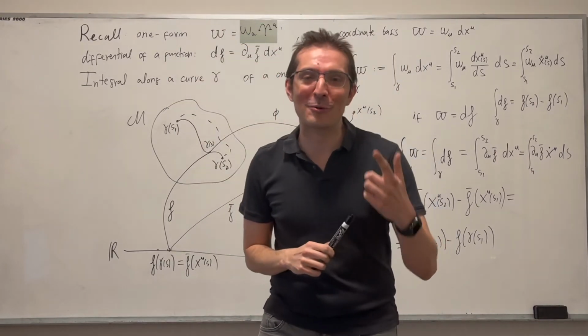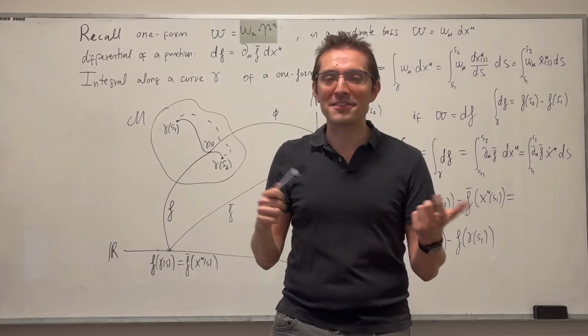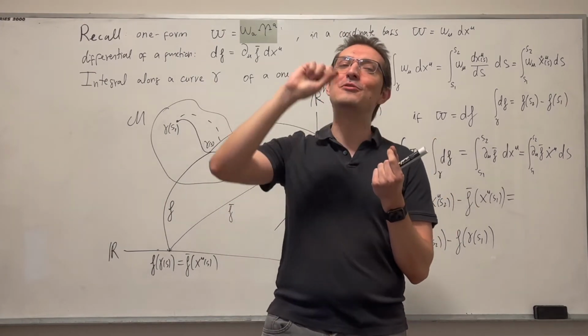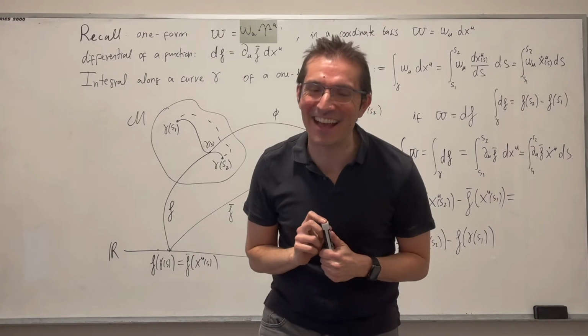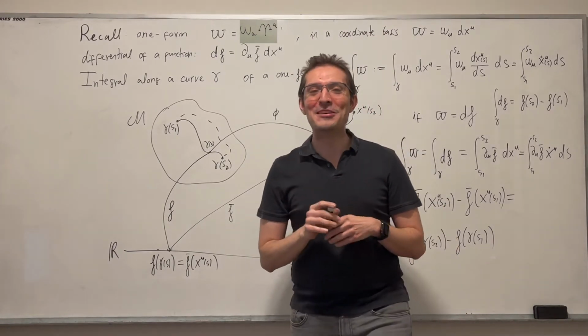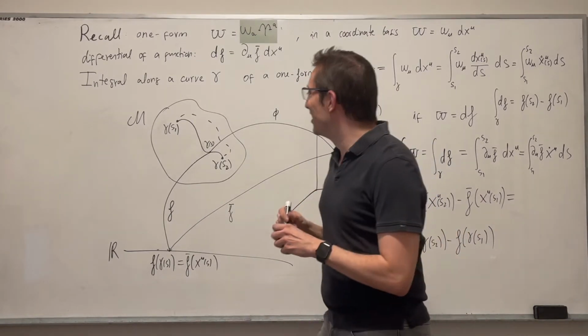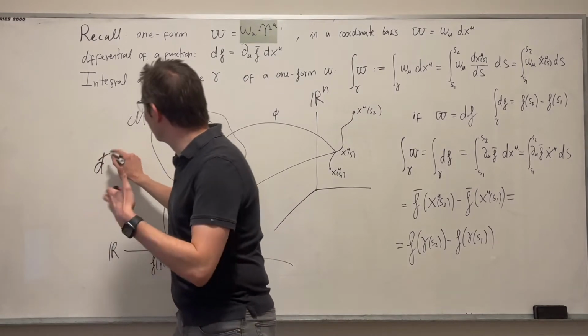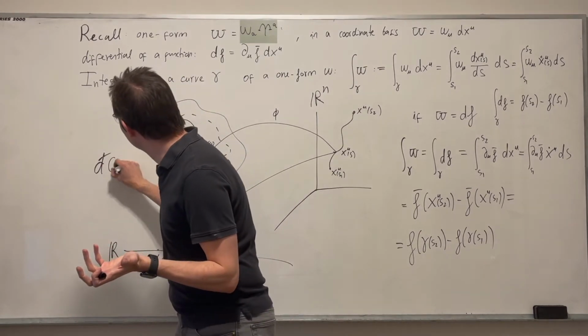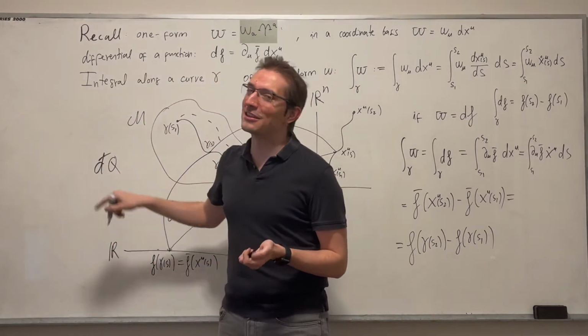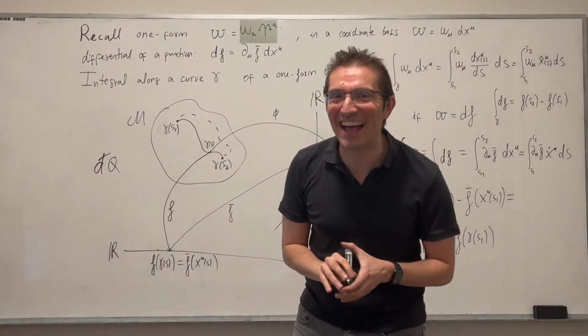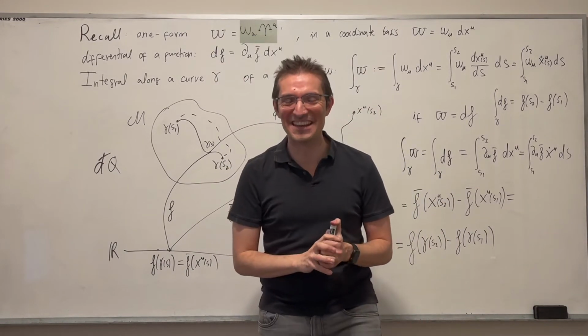But that's not true for work and for heat. Different paths will have different values of heat and work, right? Maybe it's related to the fact that if you cross out the differential of Q, that thing is not the differential of any function. We'll learn more about that in a second.